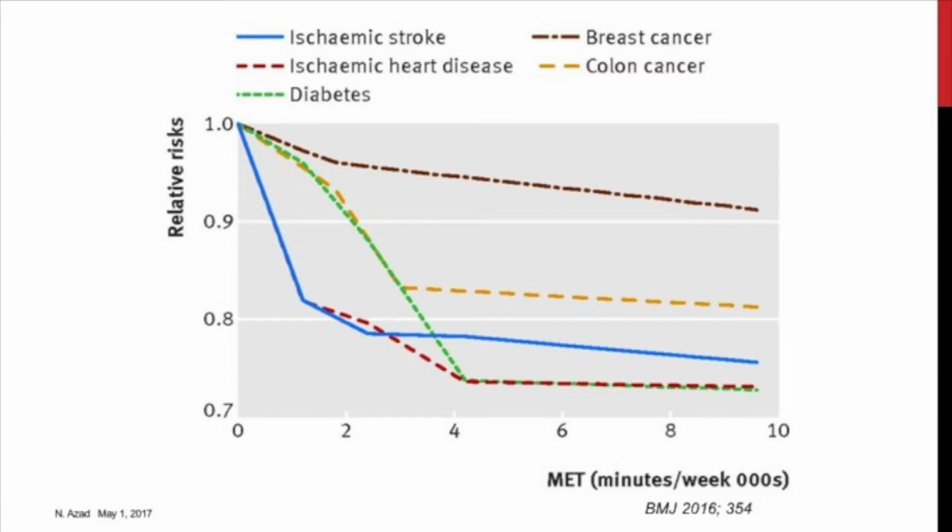So you really want to be higher than this. You want to be more vigorous in your activities. If you're active, the risk of ischemic heart disease significantly comes down. The risk of diabetes significantly comes down, as well as colon cancer and breast cancer. So physical activity extends life through this kind of means. There is some good news.